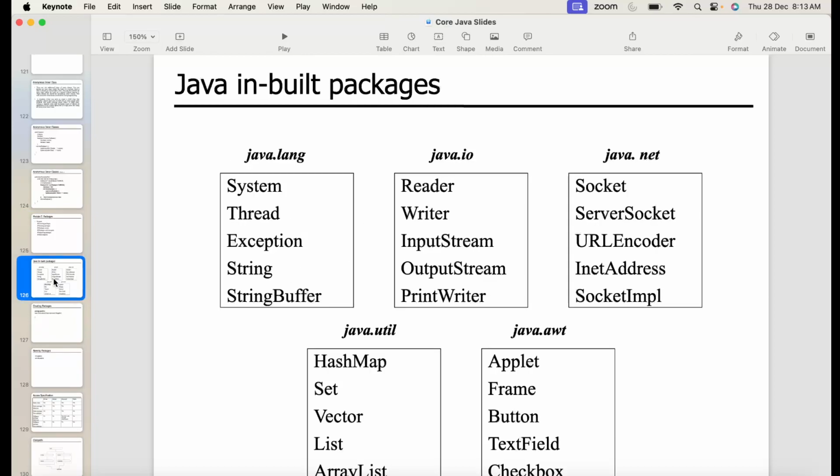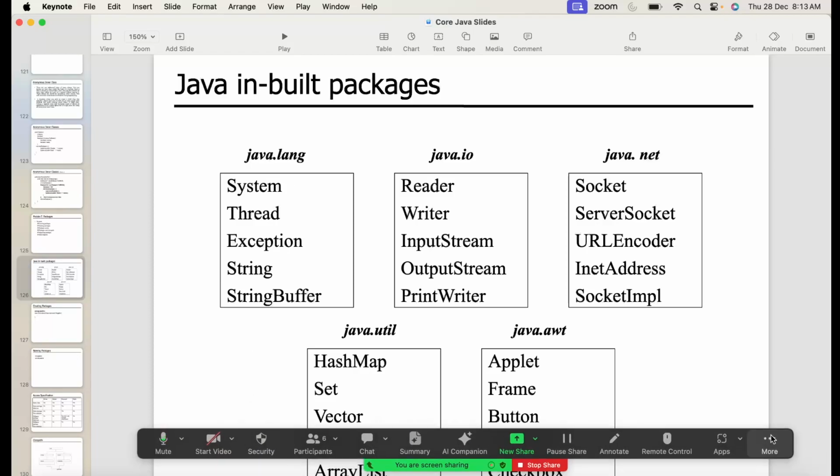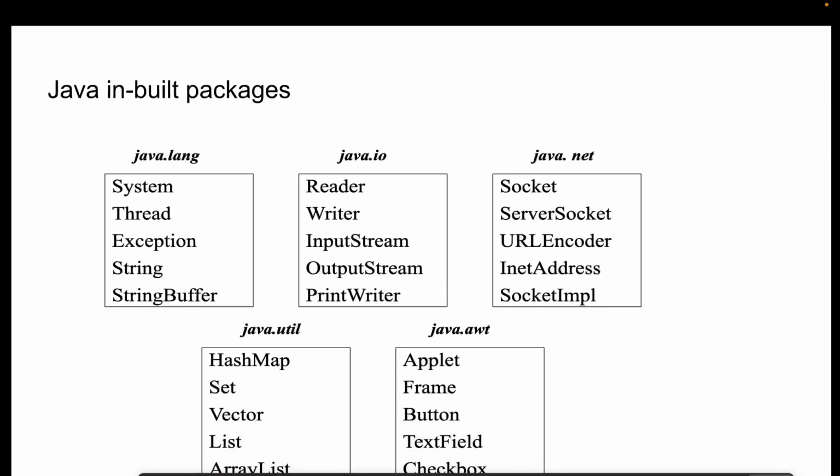So see, these are the built-in packages of Java. If you see java.lang, java.io, java.net, java.util, java.awt, these are the packages that Java has, the inbuilt packages. These are just some of them; there are lots and lots of packages. In each package, there's a set of libraries.